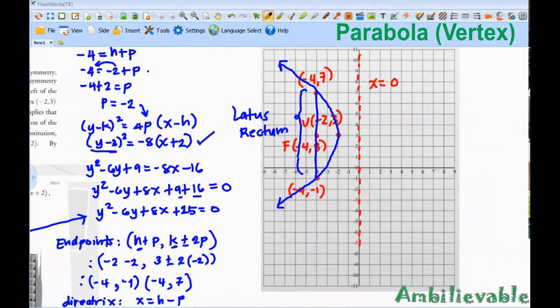So the formula for that is 4p. Then what is our p? 4 times negative 2. But since it is a length, it is an absolute value. So the latus rectum is 8. Because look, let us count: 1, 2, 3, 4, 5, 6, 7, 8. So we have 8.